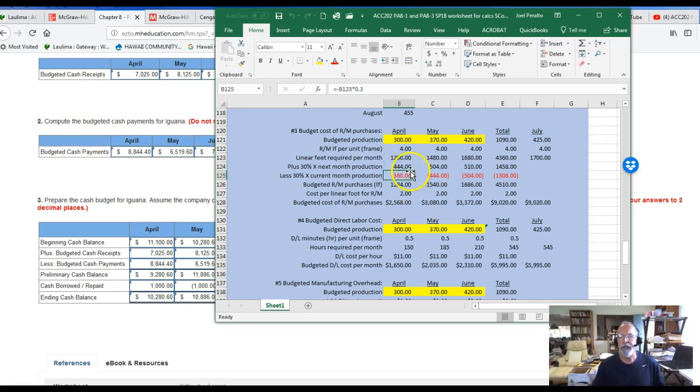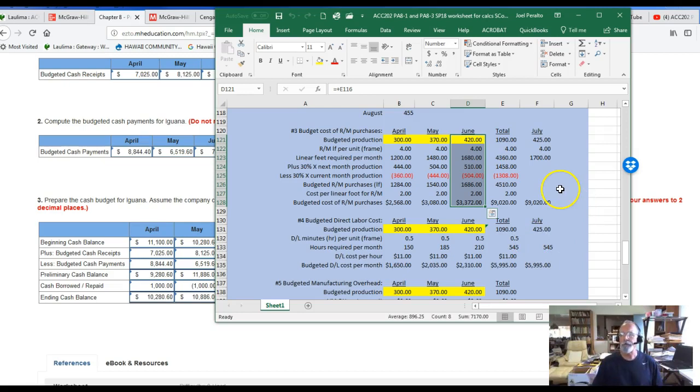And we add our ending inventory and we back out our beginning inventory. So when we add these three numbers up, our total is 1,284 budgeted linear feet, to which we apply the cost per linear foot of $2 to come up with our budgeted cost of raw material purchases. And we do that for 3 months.